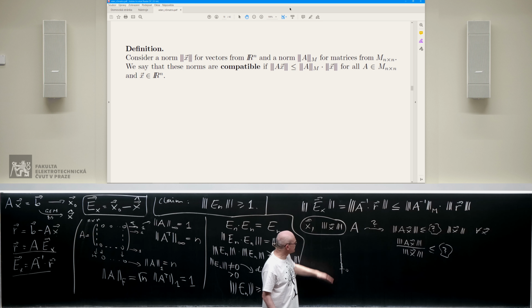Okay, here we go. We have a system of linear equations, and this system has a solution. Now, we want to find it, so we use a method, and it can be expected that what we find is actually not the solution, but some other vector.